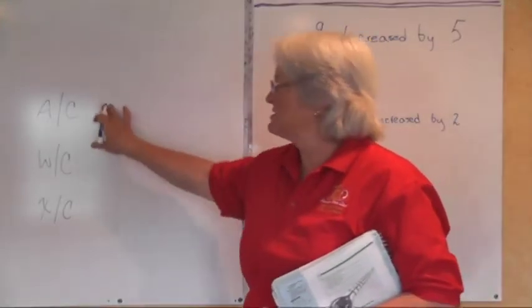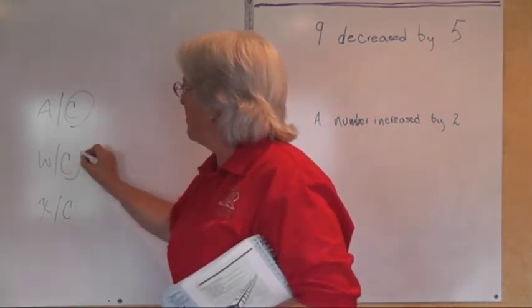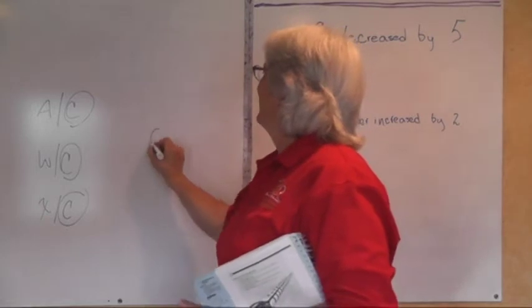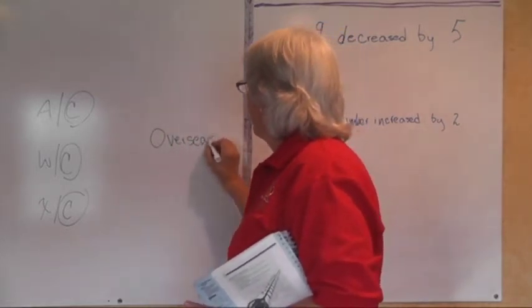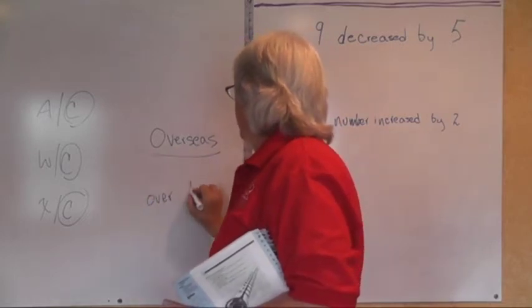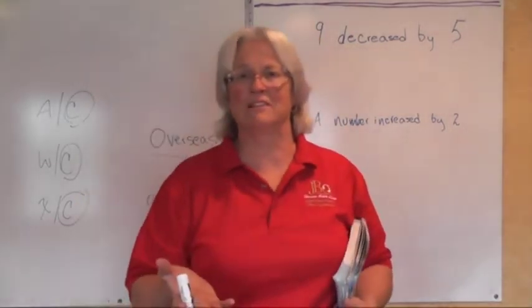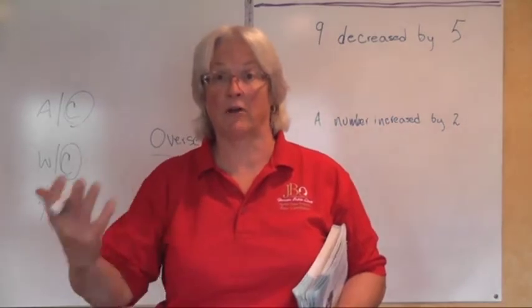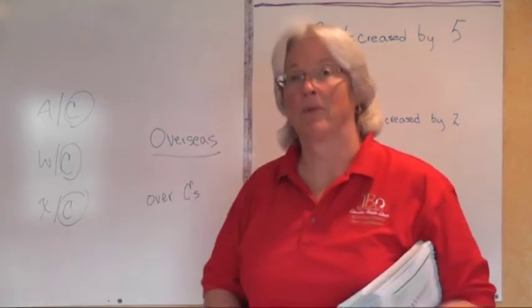Well, we know that they are all in Europe because all of them are over C's. Boo, groan, hiss. All of them are overseas. What you have that's good for you, since you're watching these videos at home on YouTube, is that you don't have to be up early in the morning, like at 9 o'clock or 8 o'clock in class, listening to this live and saying, oh goodness, that is a bad one.